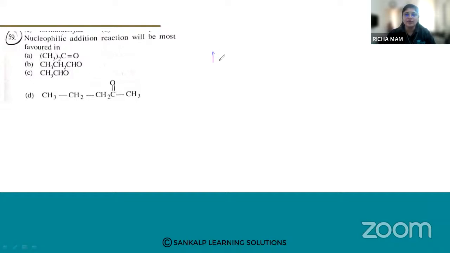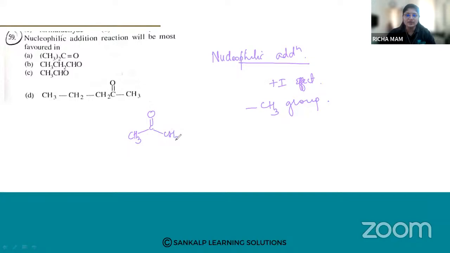Remember that for undergoing nucleophilic addition reaction, there should be a plus I effect. This plus I effect will be due to the presence of the CH3 group. Now if I consider the first one, acetone, here I have two CH3 groups.